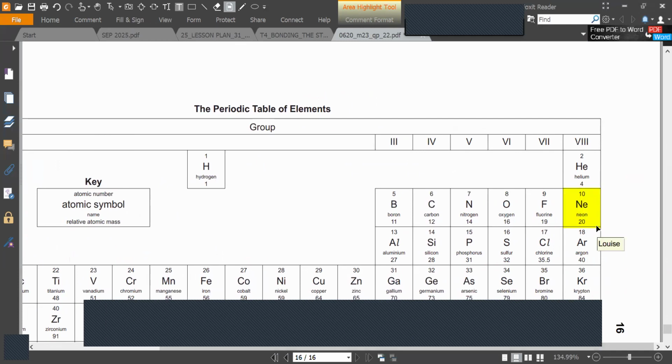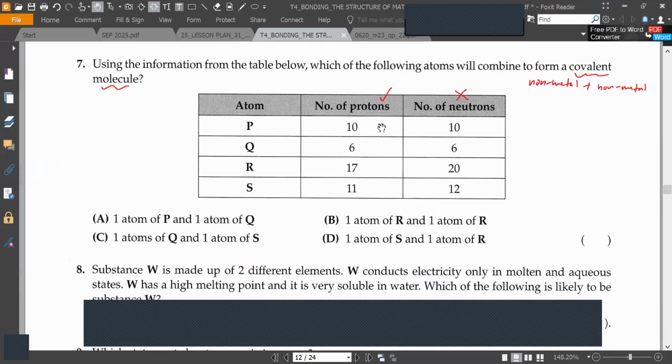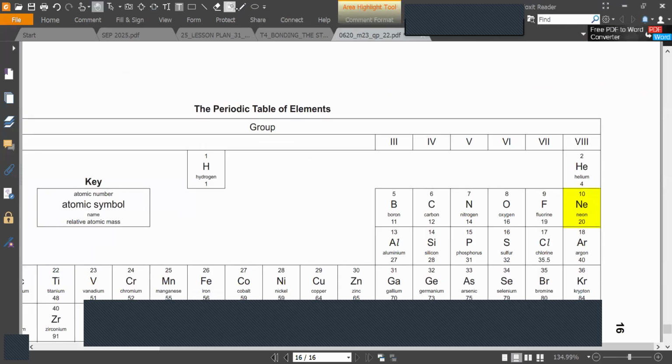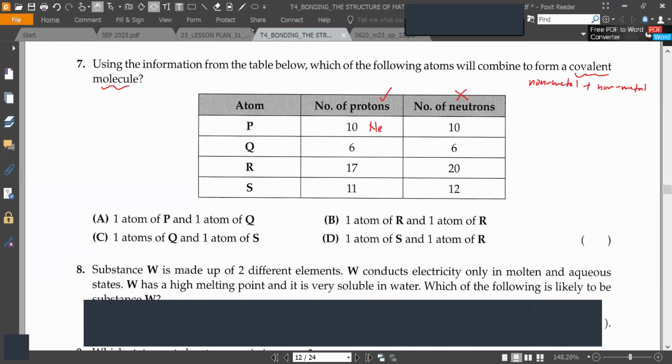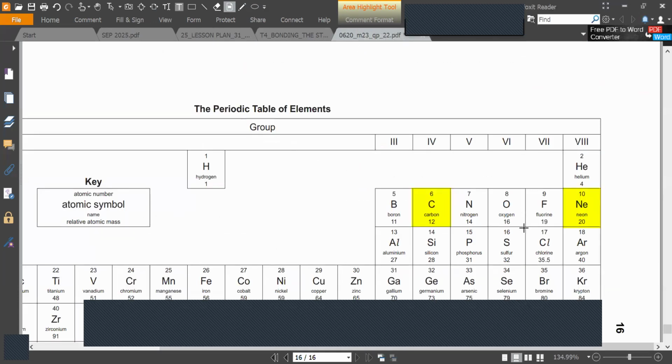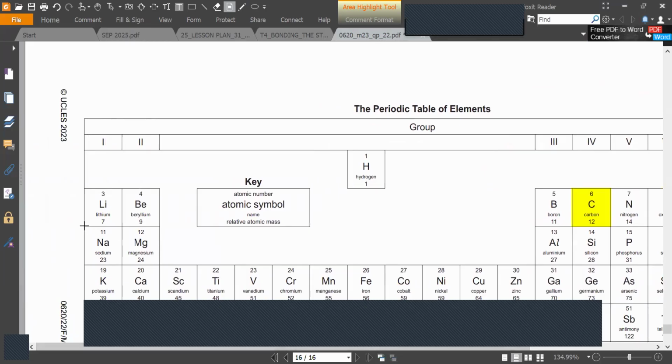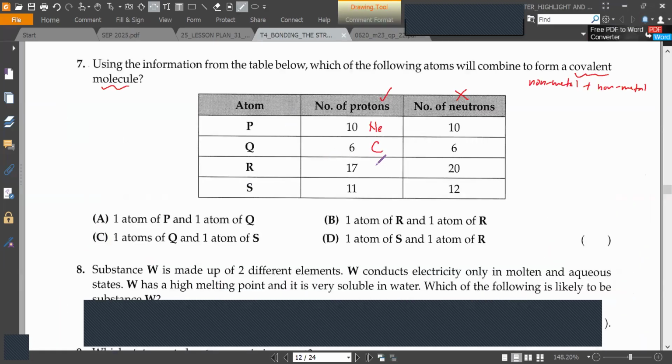So we are looking at neon. 6 protons, carbon. 17 protons and 11 protons. 17 is chlorine, 11 is sodium. So this is chlorine and this is sodium.